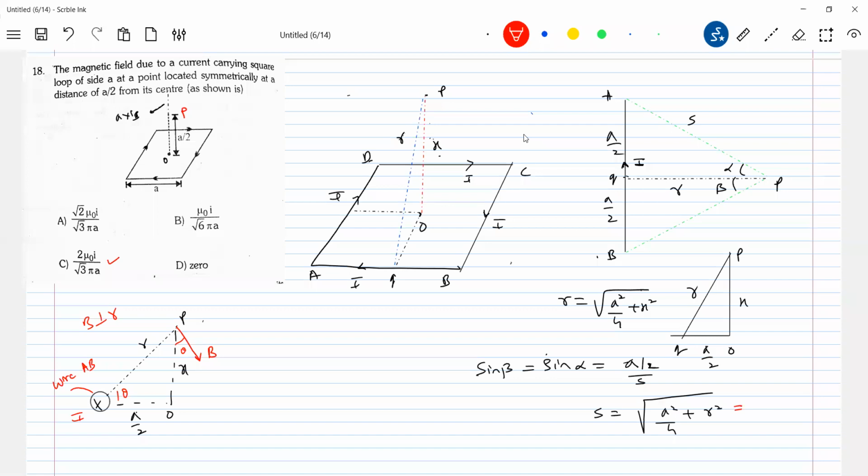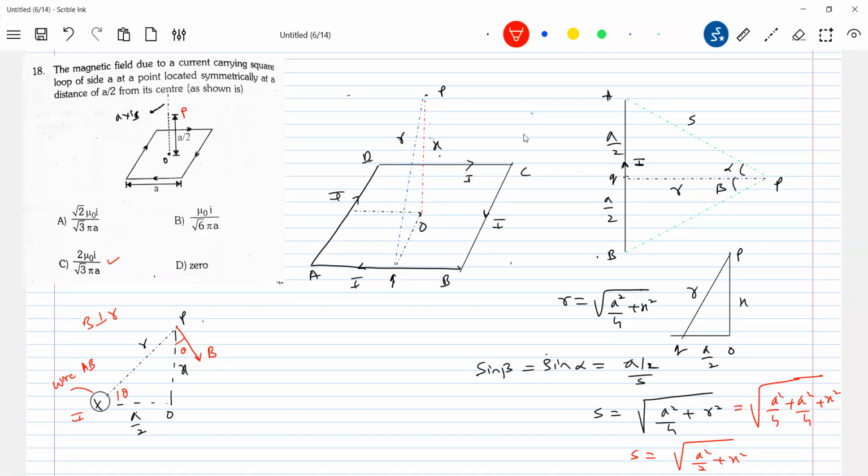Okay, let me go for the calculation one by one. R square will be A square by 4 plus X square. So the value of S will be root of A square by 4 plus X square. Now they gave X as A by 2.